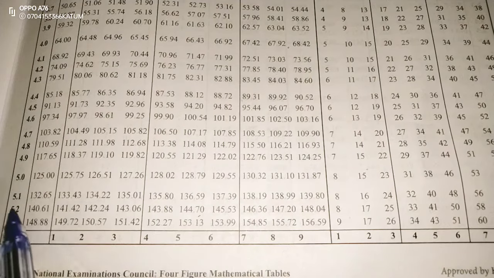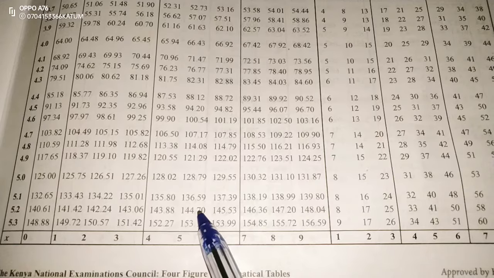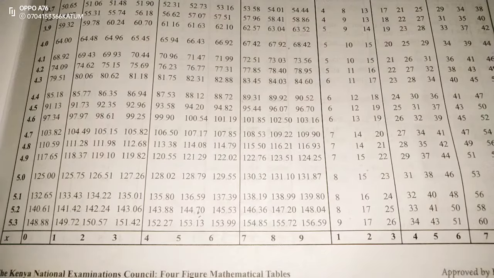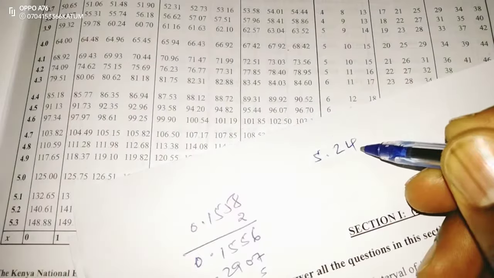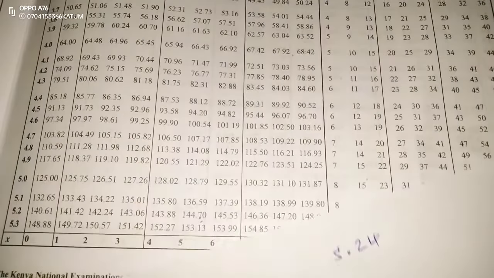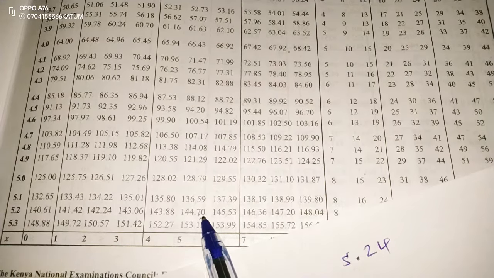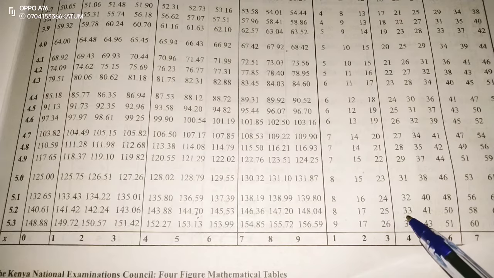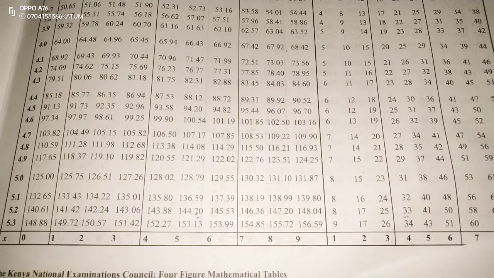So we can see when we have 5.2, then this column is having 4. So 5.24. Then on the addition side, because we are at 5.24, we had 33. We add 33, and 33 is at 4.